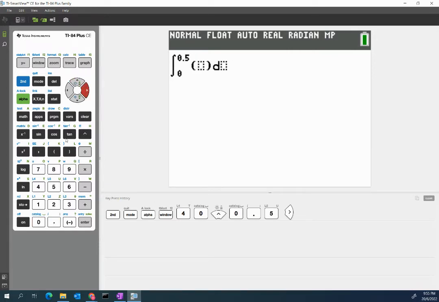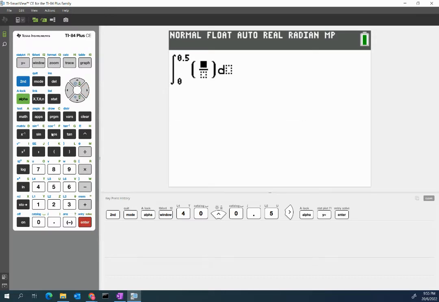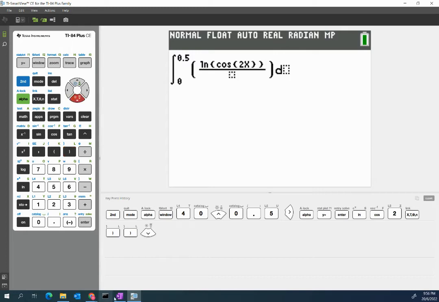The function we are looking at is a rational function of ln cosine 2x over x squared. Remember you need to integrate it with respect to x.